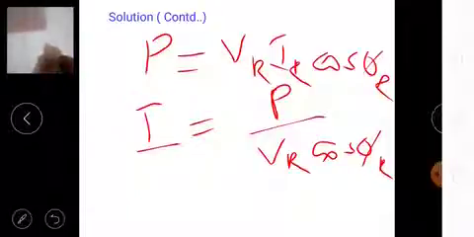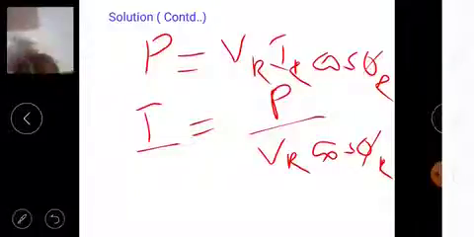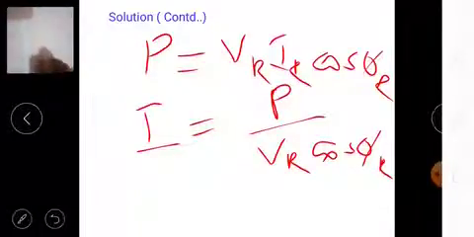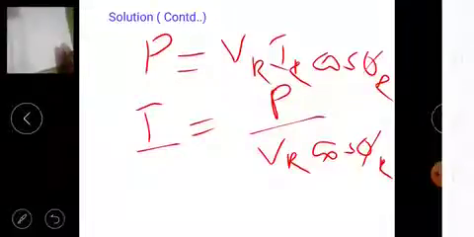We already know Vs, 19052, so 19052 is equal to VR plus 150 into 10 power of 5 by VR into R, 5.31, into cos phi r, 0.8, plus I into X, that is 150 into 10 power of 5 by VR into 5.5 into sin phi r.